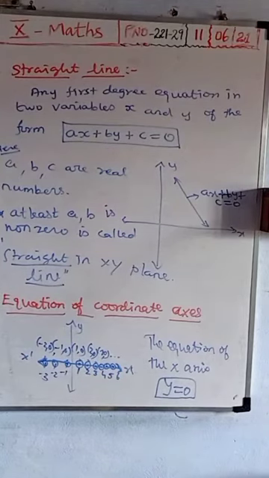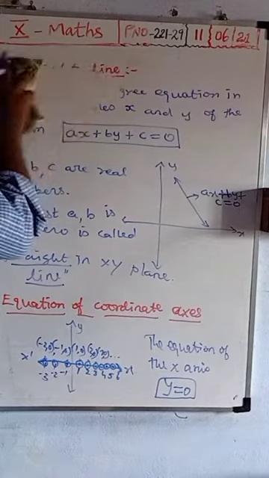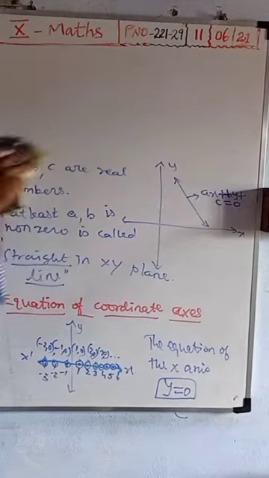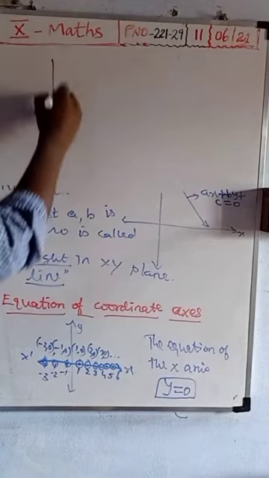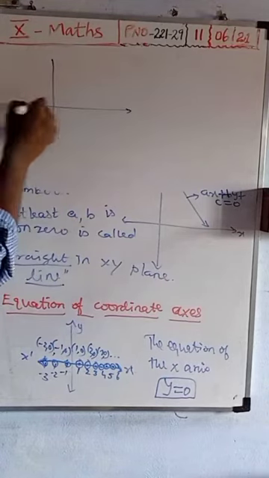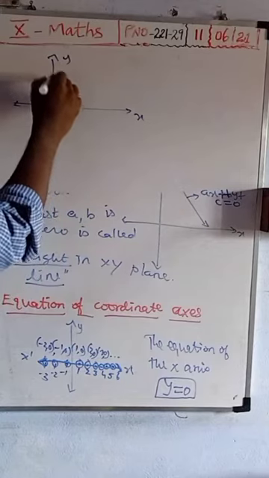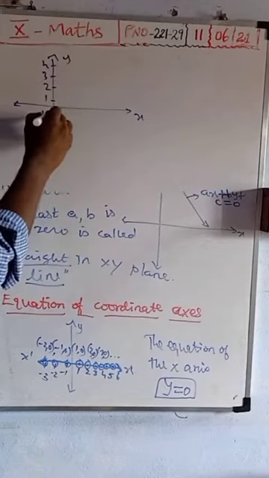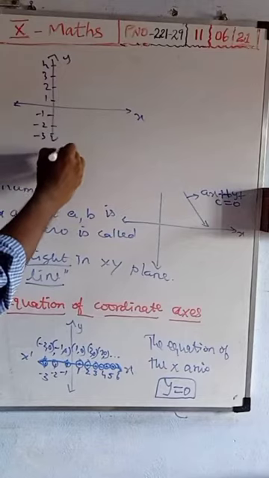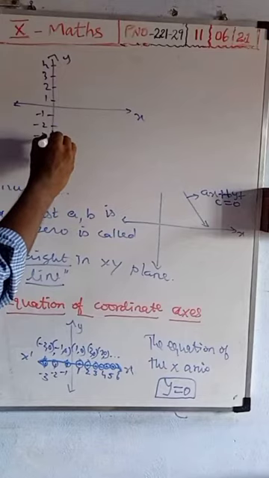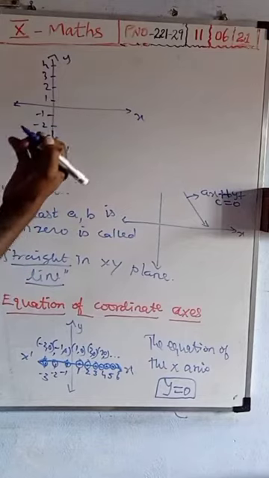Suppose you next choose the y axis. Here are 1, 2, 3, 4, -1, -2, -3, y dash, and it goes on.